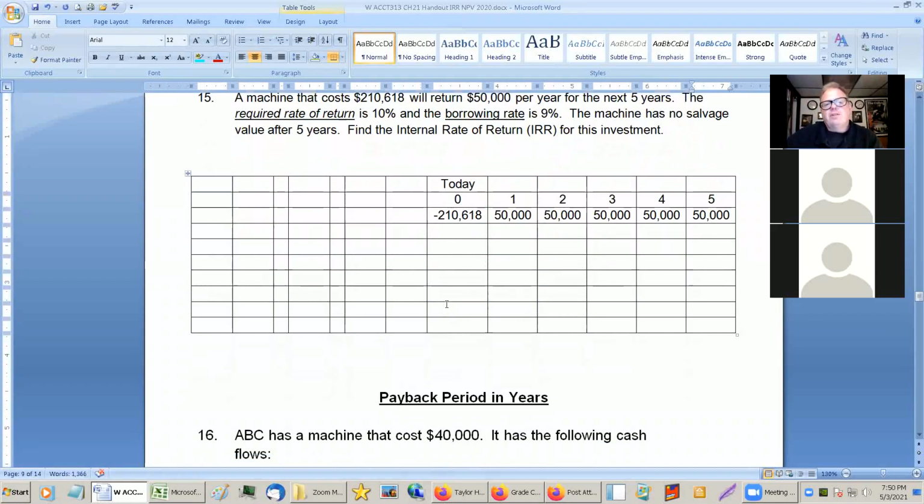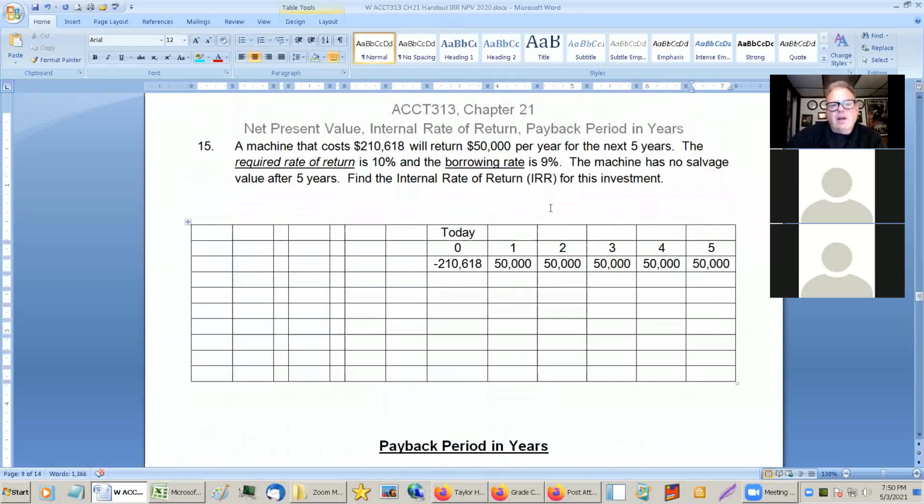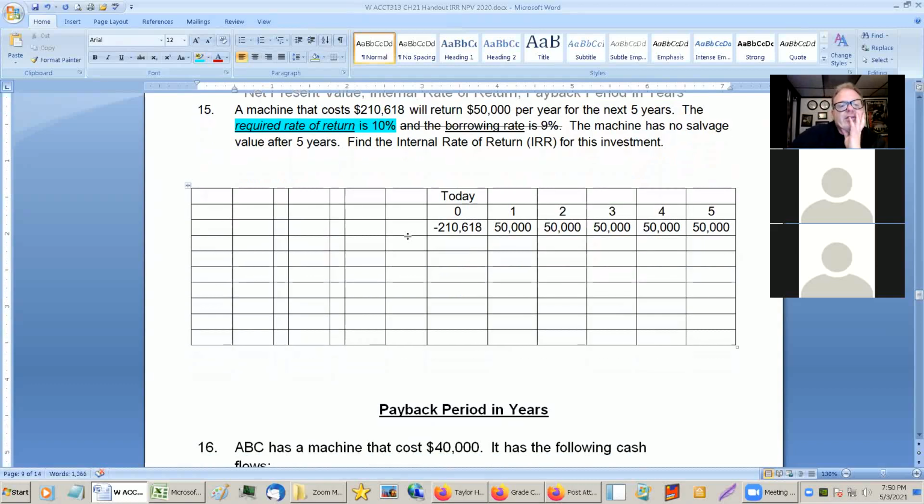Okay, so this is kind of how we're laying it out. And we know that we have these required rate of return and the borrowing rate. By the way, we won't be using that one. This is the one we're looking at. And so we're going to make the two sides equal. So we'll take the investment of 210.